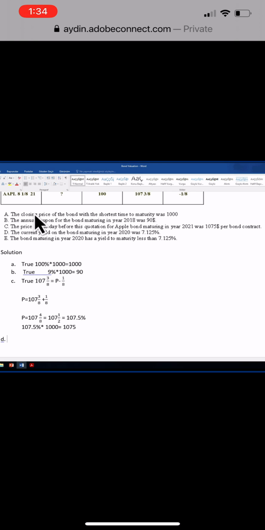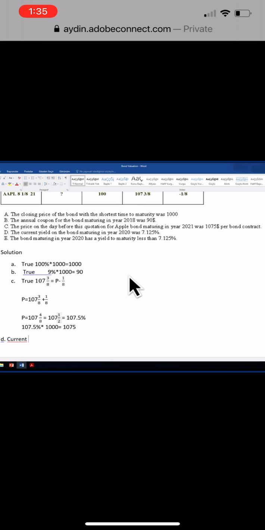Okay, so it's stated that the current yield of the bond maturing in 2020 is 7.125. Is it true? Can we find this out? So how are we going to find this out? Of course, by dividing the coupon rate by the close price.